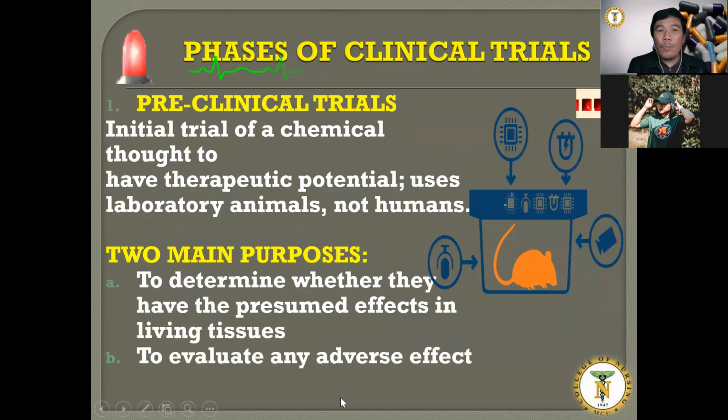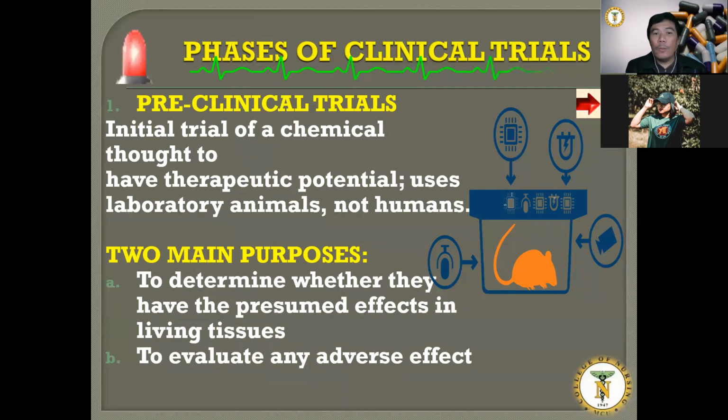Now, let us proceed with preclinical trials. If we say preclinical trials, it will not yet involve humans. Usually for clinical 1, 2, 3, and 4, humans are involved. But for preclinical trials, we are using guinea pigs and laboratory animals, not humans. There are two main purposes.